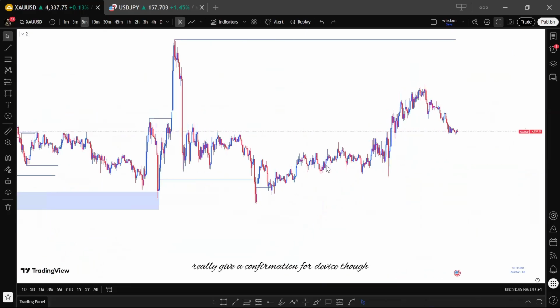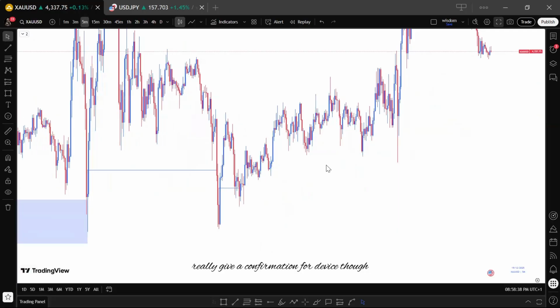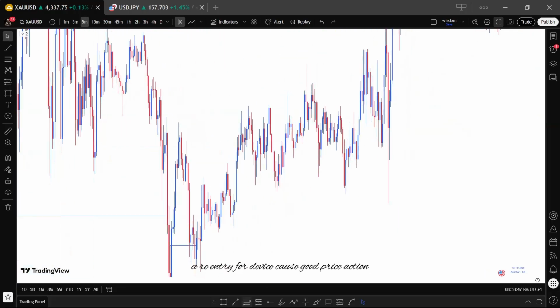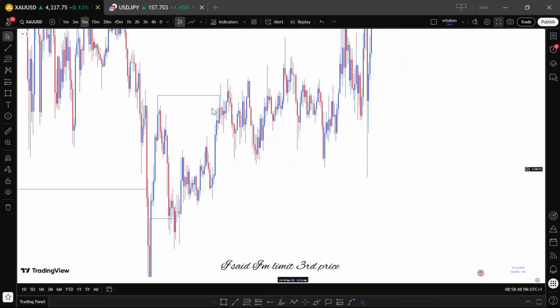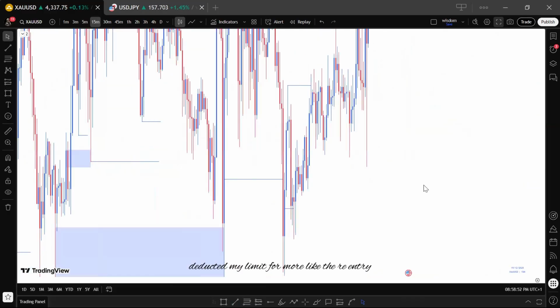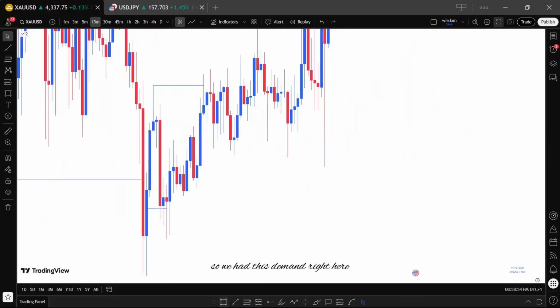Price really gave a confirmation for the buys or a re-entry for the buys, because of gold price action. I really called this guy. I set a limit for the re-entry. So we had this demand right here, and mind you, this demand too has an inducement.